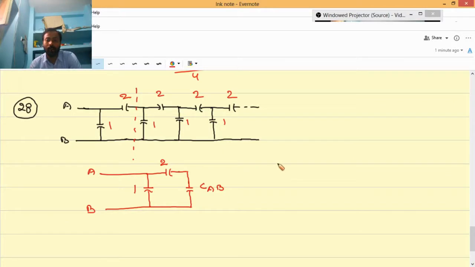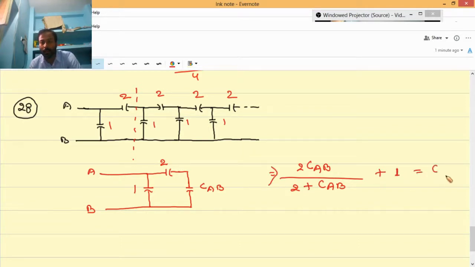Now the 2 microfarad and C_AB equivalent are in series, so the equivalent is 2 times C_AB divided by 2 plus C_AB. After that it has a parallel combination with this branch. If we add this branch, then the result will be exactly equal to C_AB equivalent.